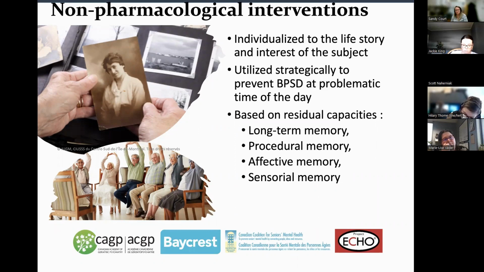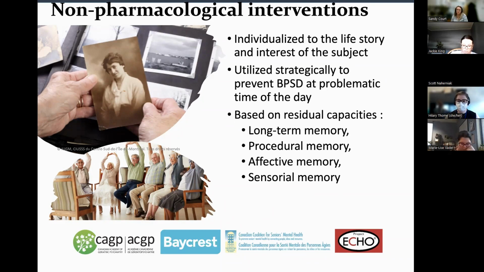So if you know that sundowning is the time when the patient would get agitated, then maybe setting him or her up with a specific activity in line with their interests before that difficult time of the day could be more useful.